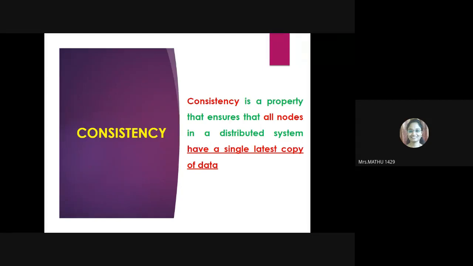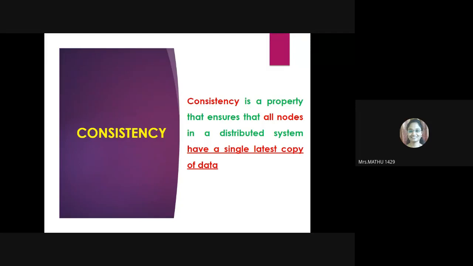Once you send a message to another node, all the nodes should be updated with the new data. So all the nodes should have the recent copy of data, the single latest copy of data. Otherwise there will not be consistency.